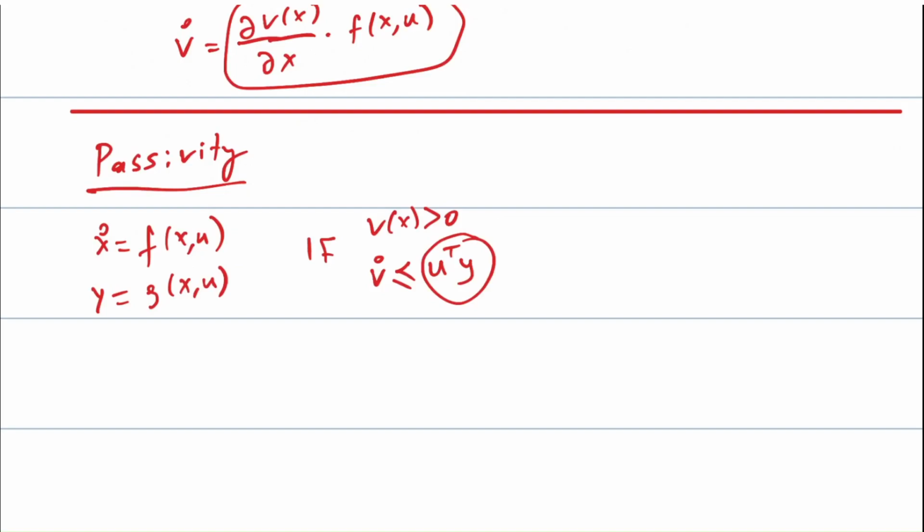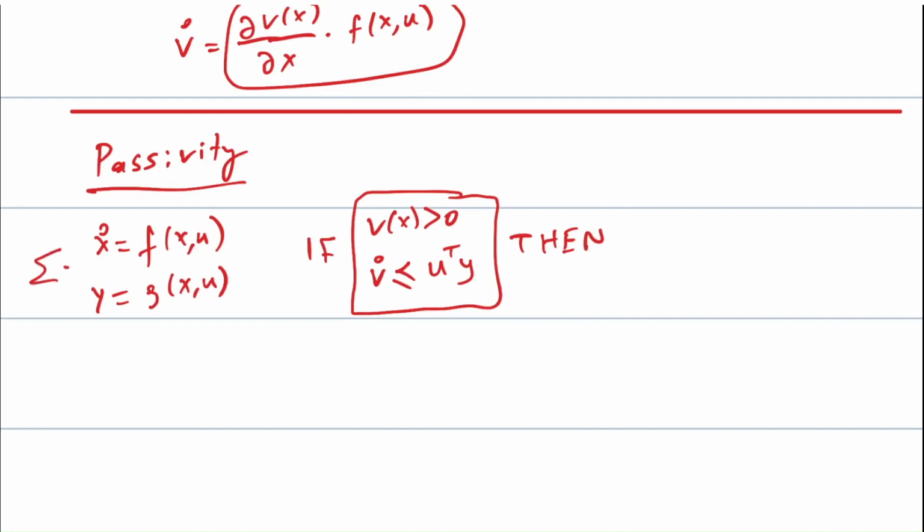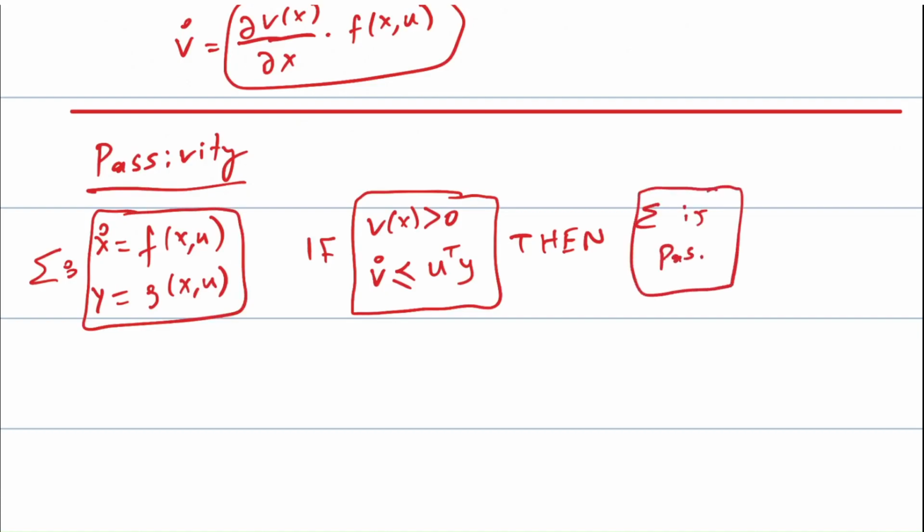Give me V of x and I will check if these two conditions are satisfied. Then we will conclude that sigma is passive. Again, we are not saying with respect to some type of supply rate function.